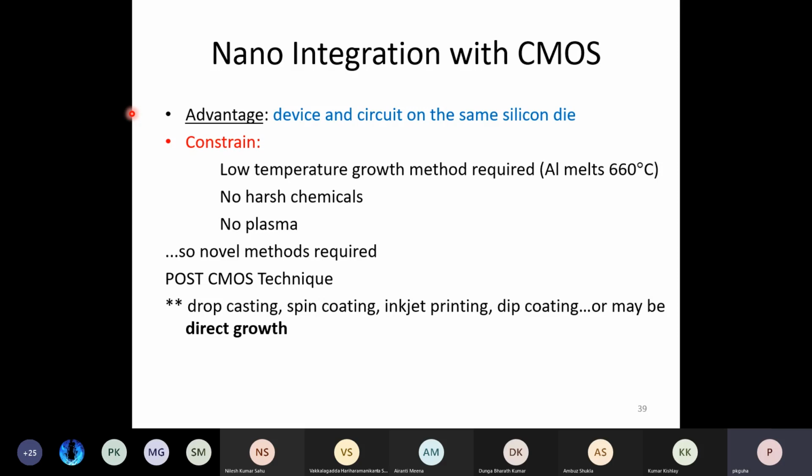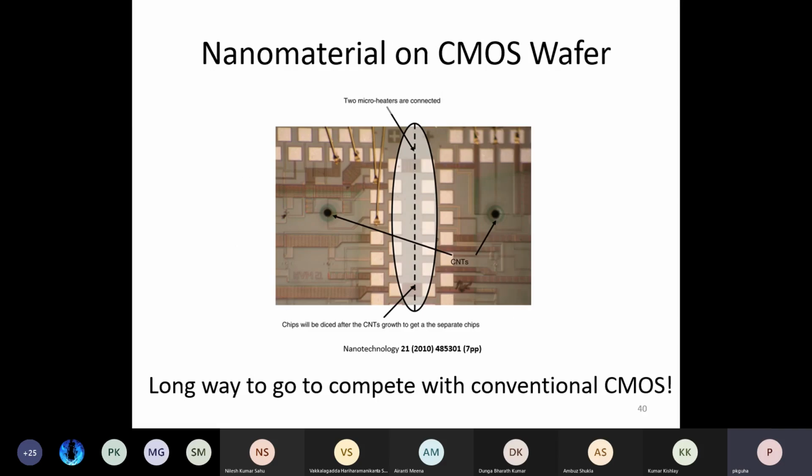Now, this is one of the examples where I'm showing that we made carbon nanotubes here. This is an optical image, so you can't see the nanotubes. You see these black spots, but you have to believe me, these are CNTs, carbon nanotubes. And you see this is a CMOS chip. These are CMOS chips.